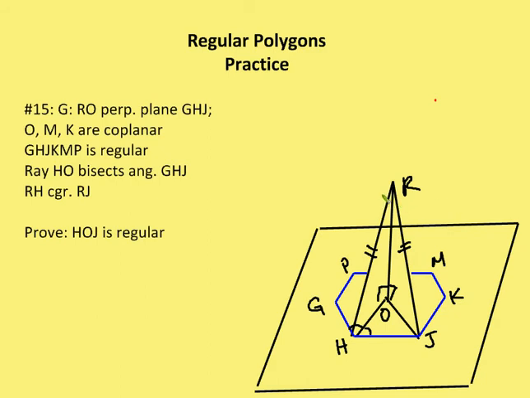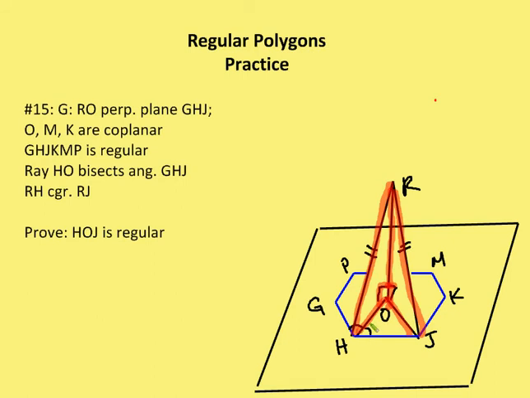So I see that RO is going to be congruent to itself. I know that RH is congruent to RJ, and that was given. And I have my right angles ROJ and ROH that are going to be congruent. So I have 2 triangles that are congruent by HL.